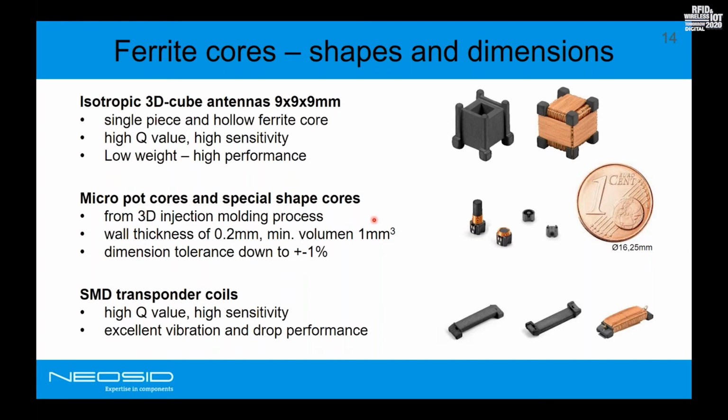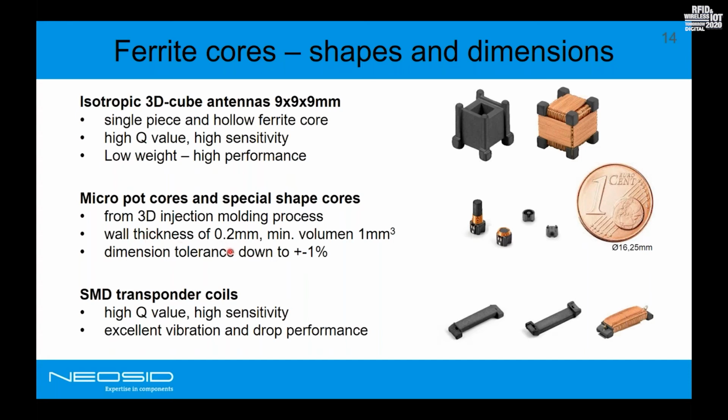To show miniaturization, I show you some pictures of the inlay transponders which we produce, and beside that you can see some pot cores which have a quite small shape and very accurate mechanical form.